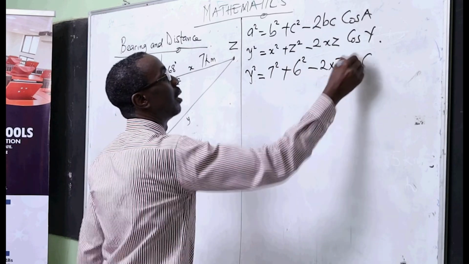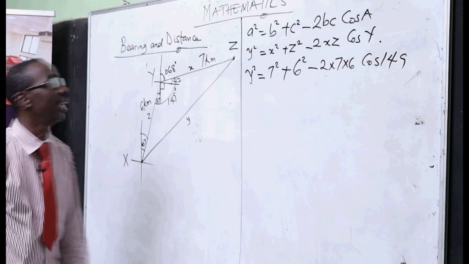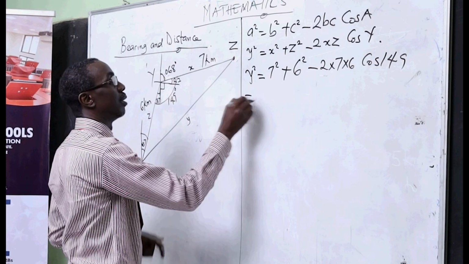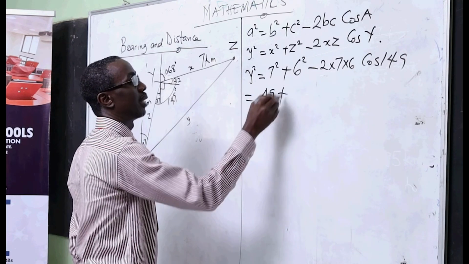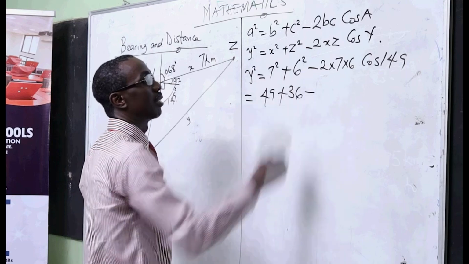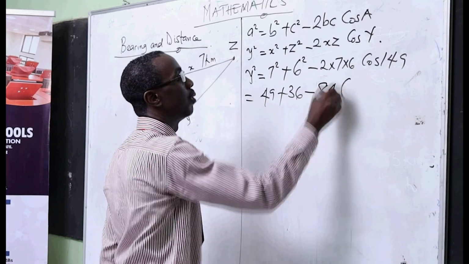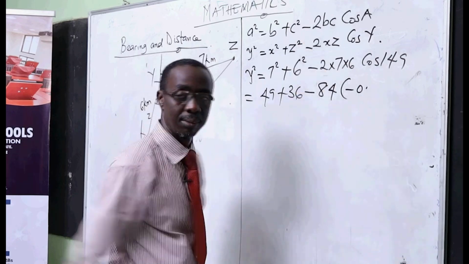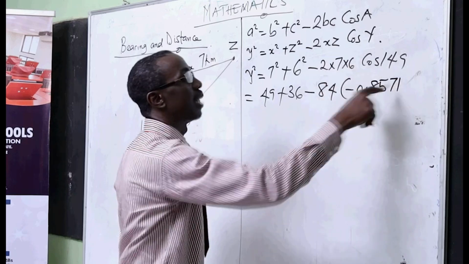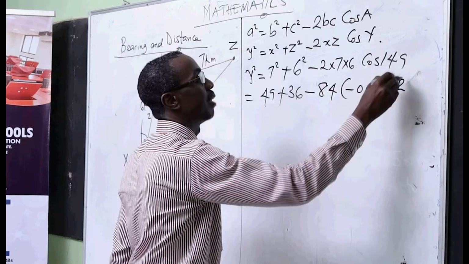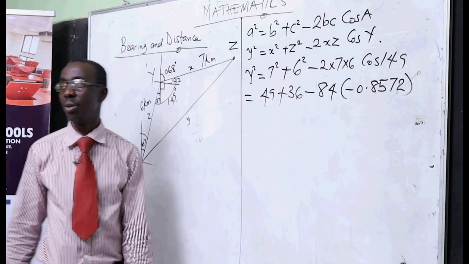Cos 149, obviously, should be a negative value, and this is 49 plus 36 minus 84 into minus 0.8572. Thank you. The minus and minus there is telling us minus times minus should be addressed, which will give you plus.